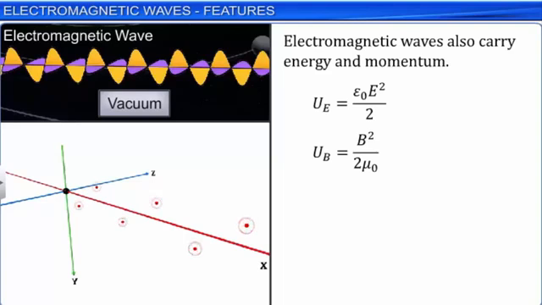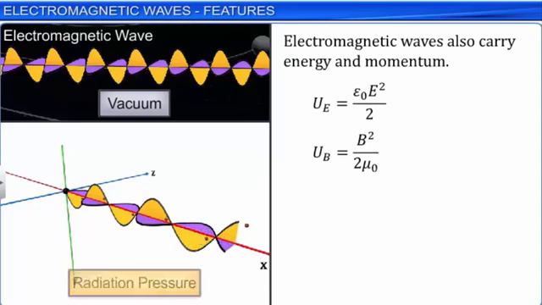The charges are set in motion by the electric and magnetic fields of the electromagnetic wave. Thus, the charges acquire energy and momentum from the electromagnetic waves. Since the electromagnetic wave carries momentum, it exerts pressure called radiation pressure.